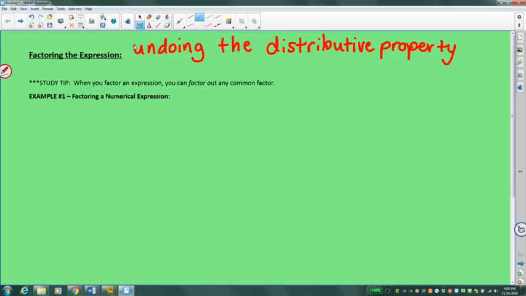Okay, so we're undoing the distributive property, or it also means writing an expression as a product of factors.